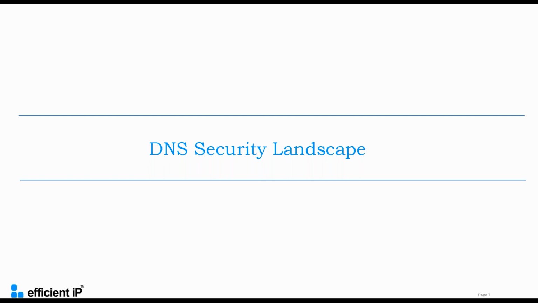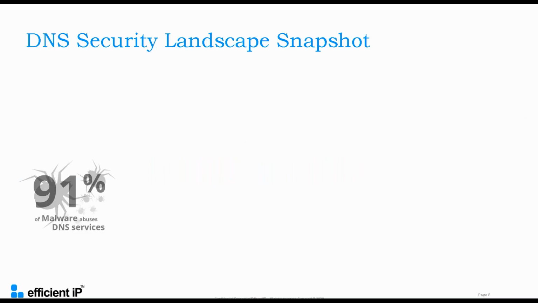We'll look at the landscape. The DNS security landscape as a whole is predominantly affected by malware. 91% of malware is using DNS service.